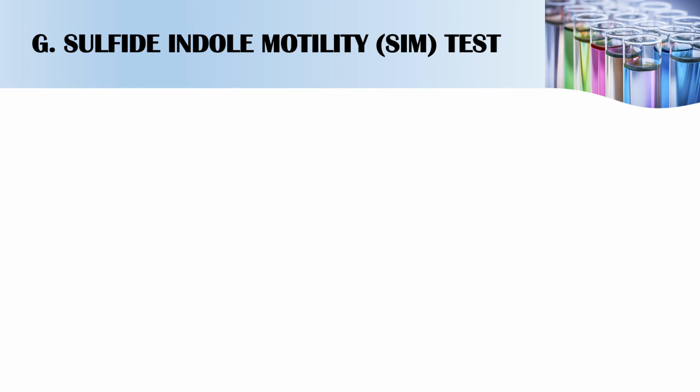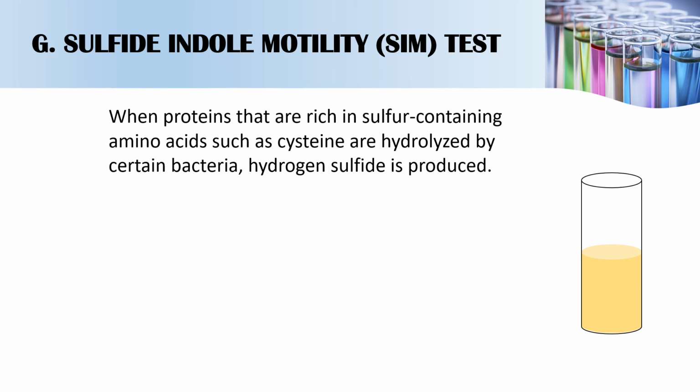For the sulfide indole motility test, or SIM test, we have this tube and it is inoculated using your inoculating needle, stabbing at the center. When proteins that are rich in sulfur-containing amino acids such as cysteine are hydrolyzed by certain bacteria, hydrogen sulfide is produced.